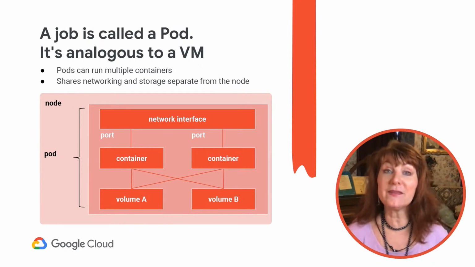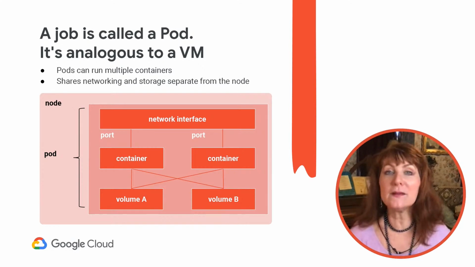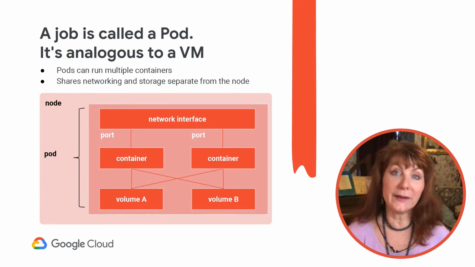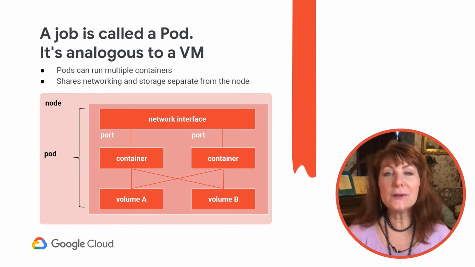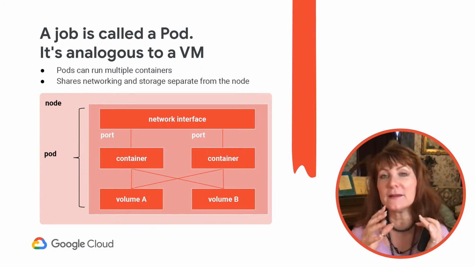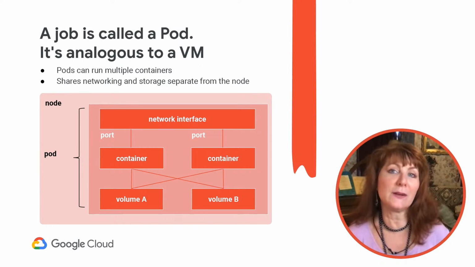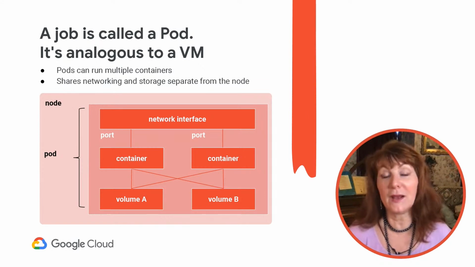And a pod represents a single instance of a running process in your cluster. Now remember, as we said before, pods can contain one or more containers, such as Docker containers. The containers are managed as a single entity and share the pod resources, like networking and storage. You can consider a pod to be a self-contained, isolated, logical host containing the system requirements that the application needs for the application it serves.